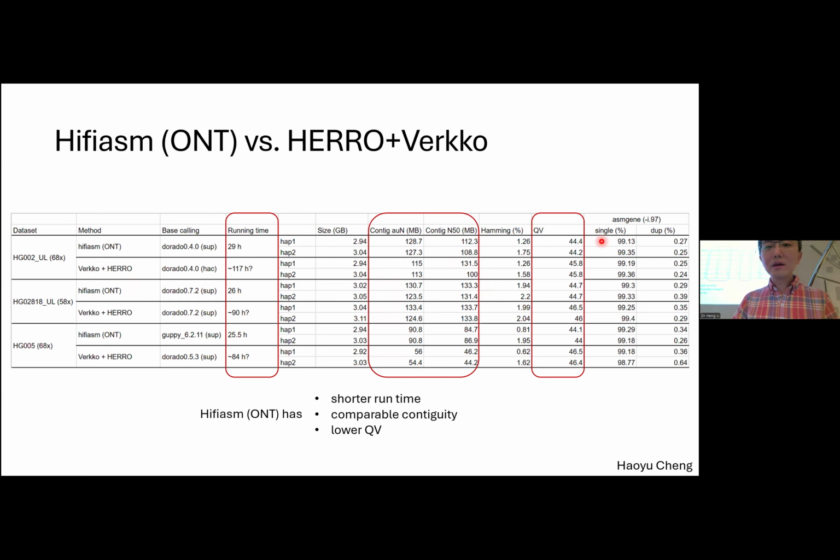And the Hero is doing a little bit better in terms of the QV. Not like twofold, but it did better. In terms of runtime, Workle has better runtime, mostly because we don't need the GPU. It's all CPU, only needs modest CPUs, and it's more streamlined, just one line. You do the error correction and all the assembly through one line.